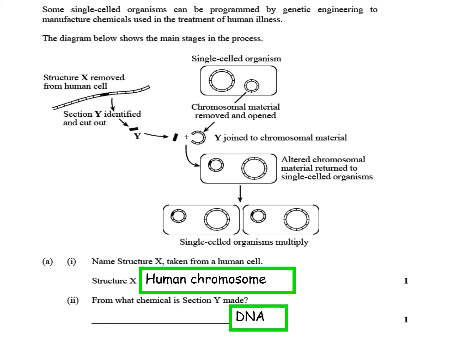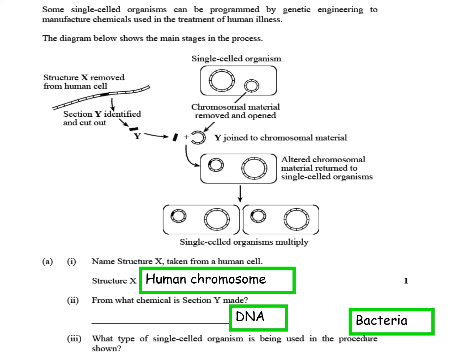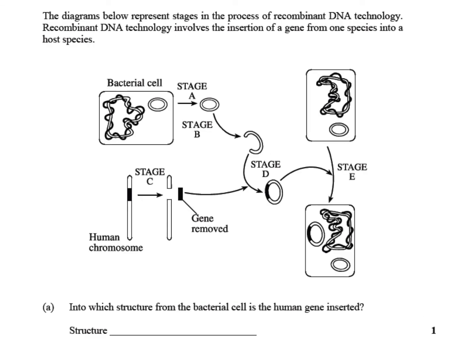Y is a gene, and genes and chromosomes and plasmids are all made of DNA. What type of single-celled organism is being used in this procedure? Bacteria. The diagram below represents stages in the process of recombinant DNA technology, genetic engineering.